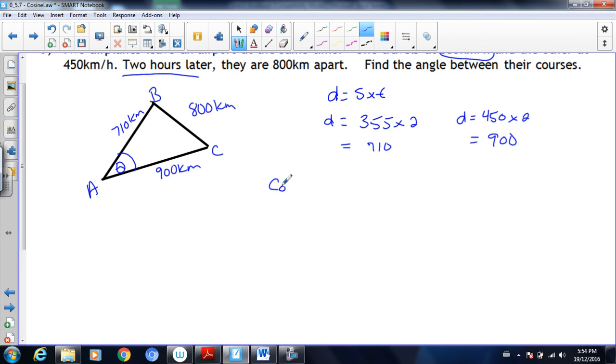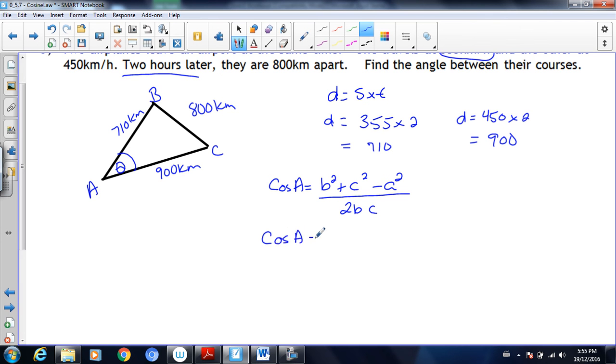So we'll write cos of A is equal to b squared plus c squared minus a squared all over 2bc. Now you plug in what you know.